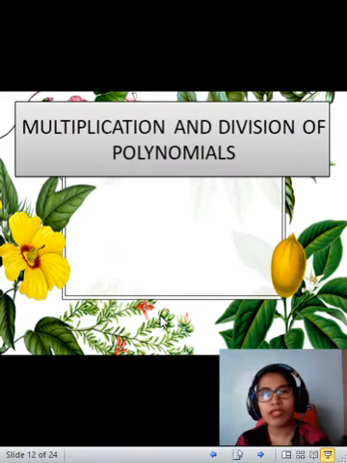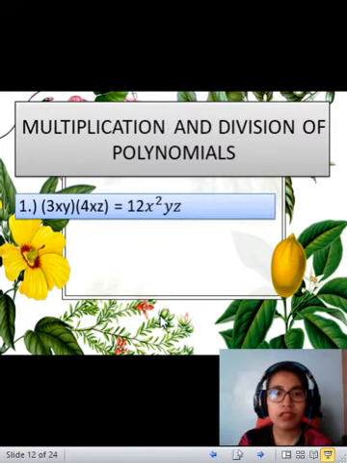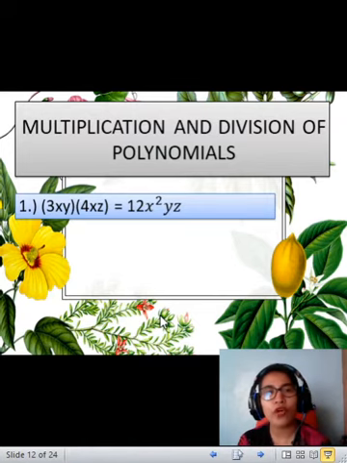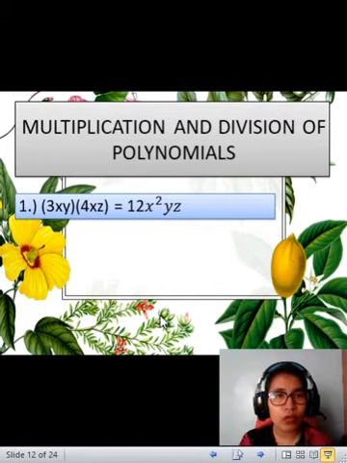After our laws of exponents, we will now proceed to multiplication and division of polynomials. So let us start with our first example. We have 3xy times 4xz. Again, 3 times 4 will be 12.